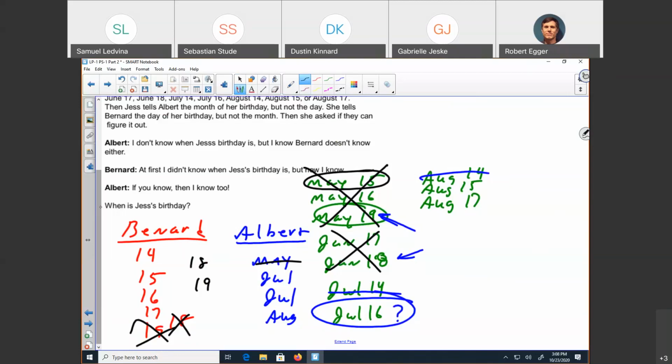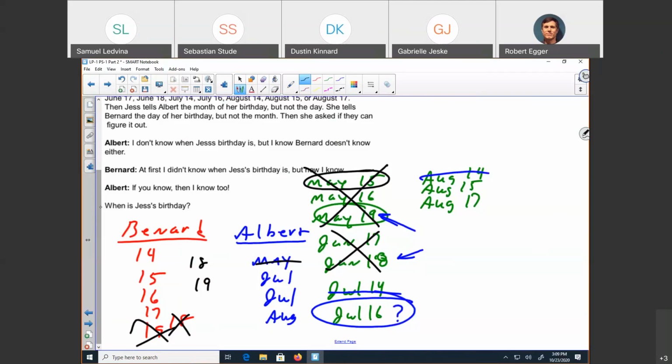Let's say the month was July. Well, that means either the 14th or the 16th. If Bernard was given the 14th, that's either July or August. If Bernard was given 16, it's either July or May.